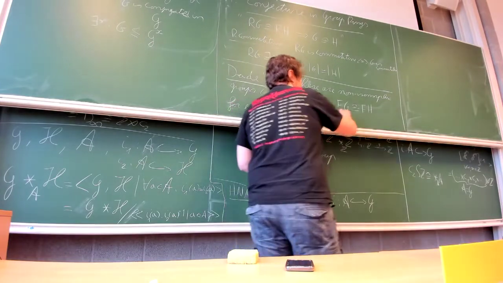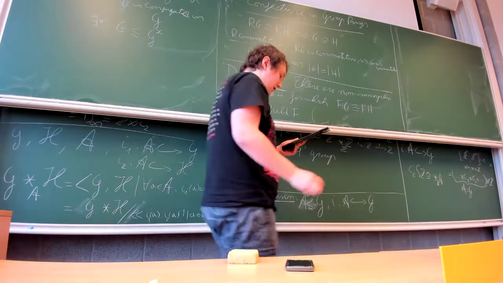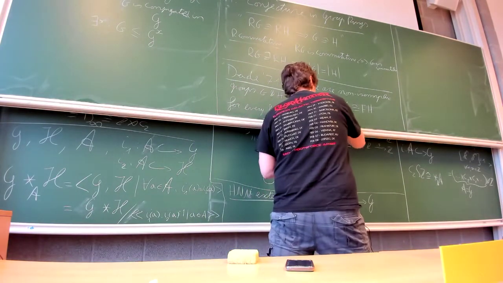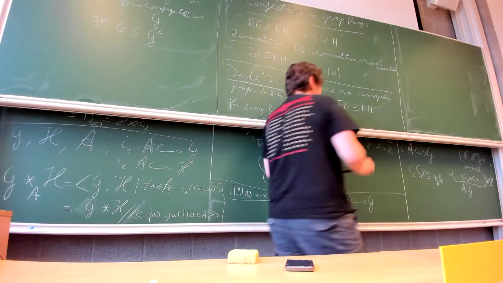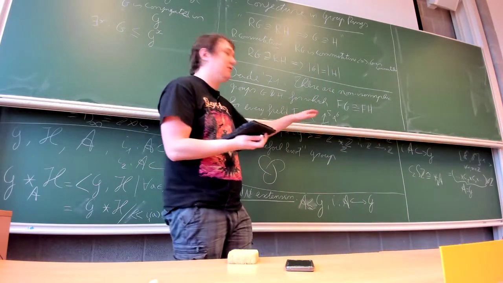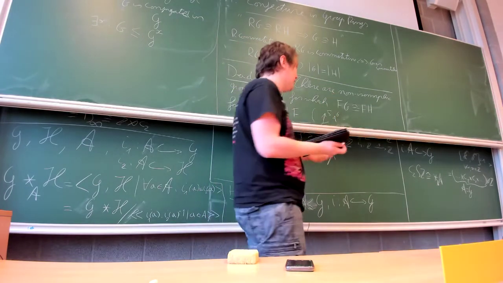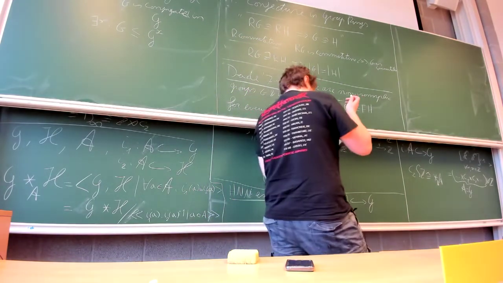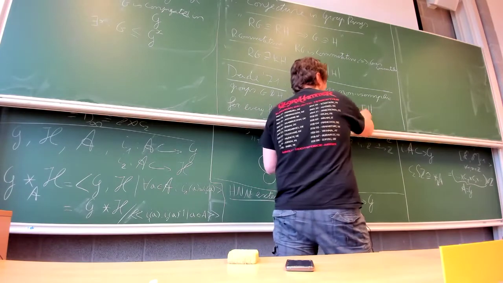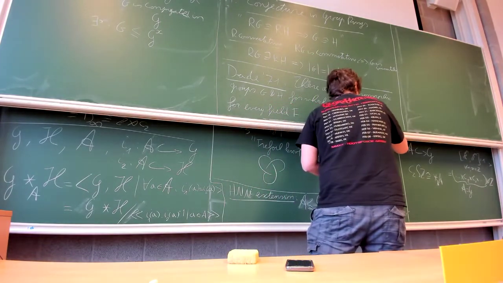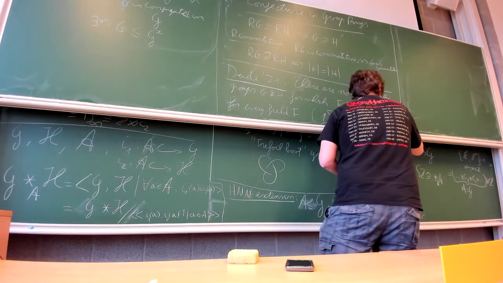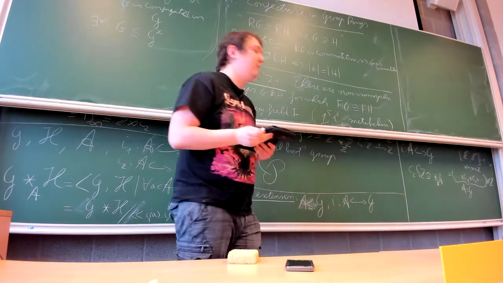A couple of facts on these groups G and H. They are both of order p to the 5, q to the 6. So we actually found a lot of examples, and all of them were of the order p to the 5, q to the 6. So they involve two primes. And the groups are both metabelian. Metabelian is another word for abelian by abelian.